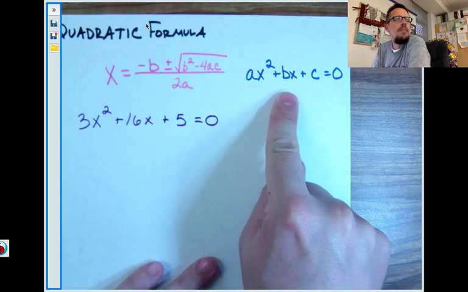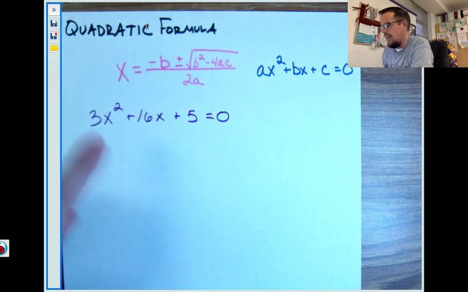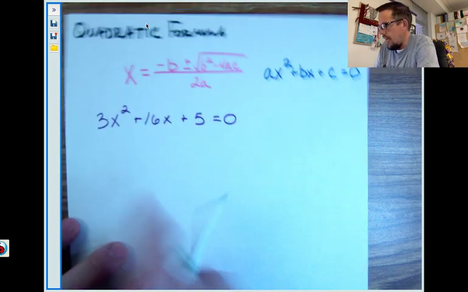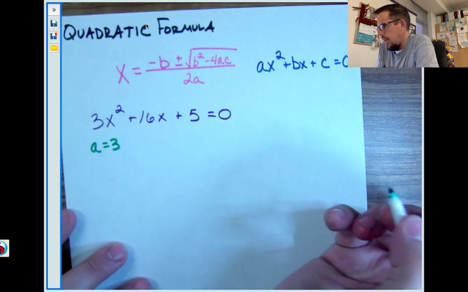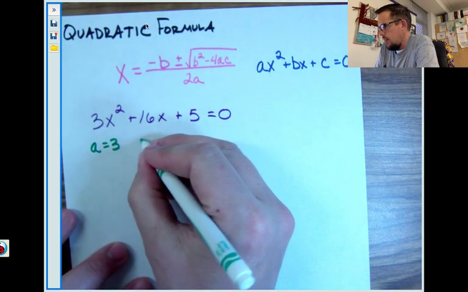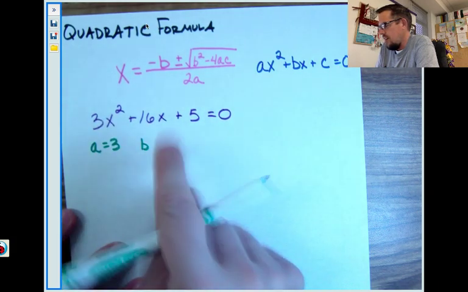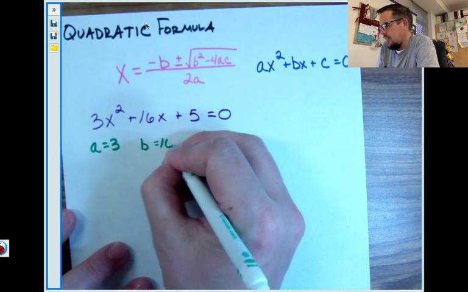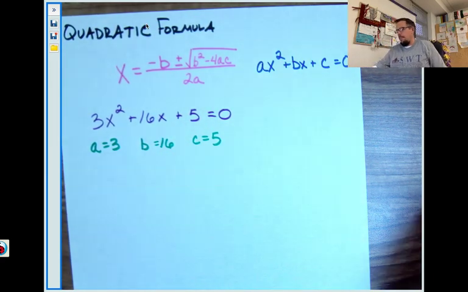The b is the number in front of the x, and the c is the constant tagging along on the end. So in this problem that I just wrote, a is 3. I'm sorry, I said those backwards. 3 is in front of x squared. 16 is in front of x, that's our b, and then c is the constant tagging along on the end there, which is 5. Okay.